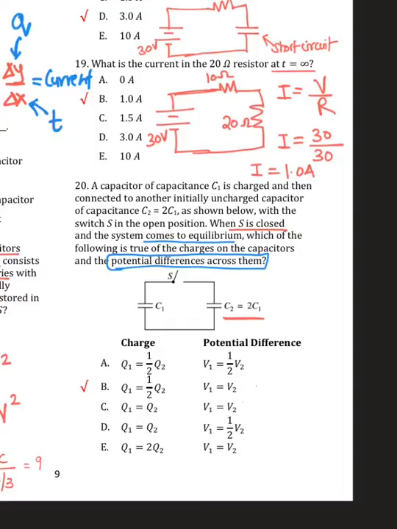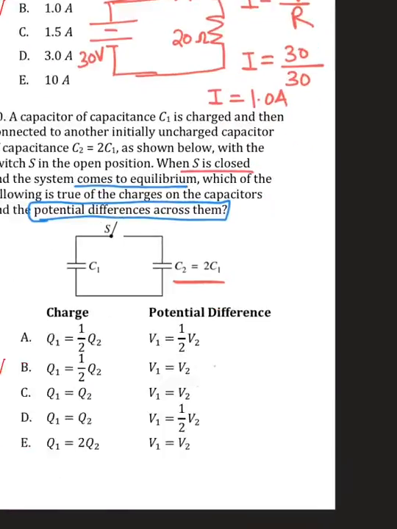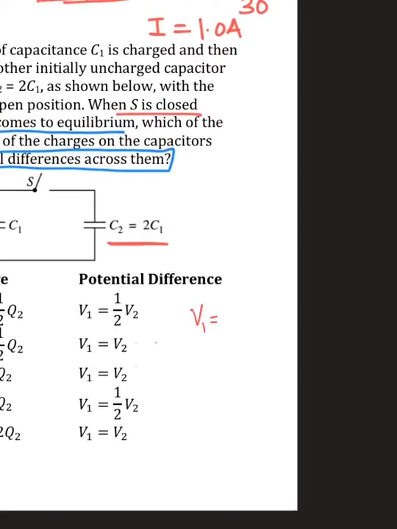So what we are going to do is write V1 is equal to V2. Voltage and capacitance are related by the formula V equal to Q over C. So I can write here Q1 over C1 and this is Q2 over C2.